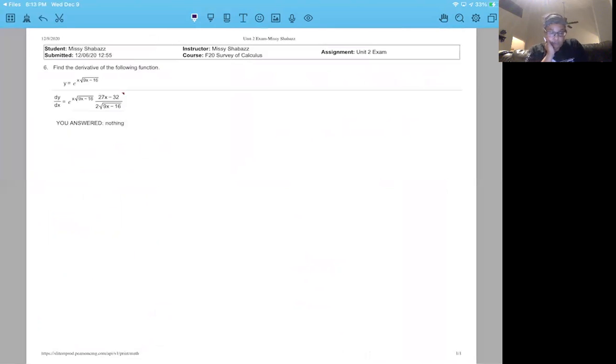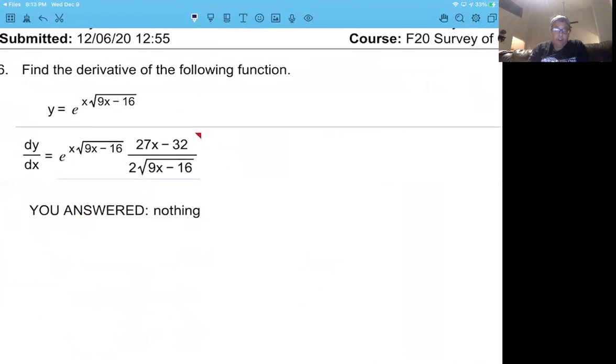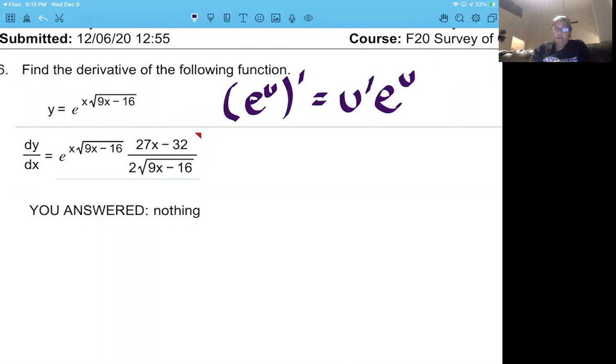All right, next question is find the derivative of the following function. So let me just remind you, if I have e to a function, I'm calling it u, the derivative of that is the derivative of whatever's in the exponent times e to the u, right?